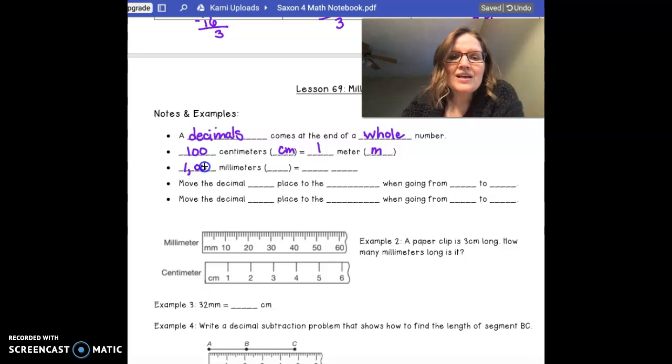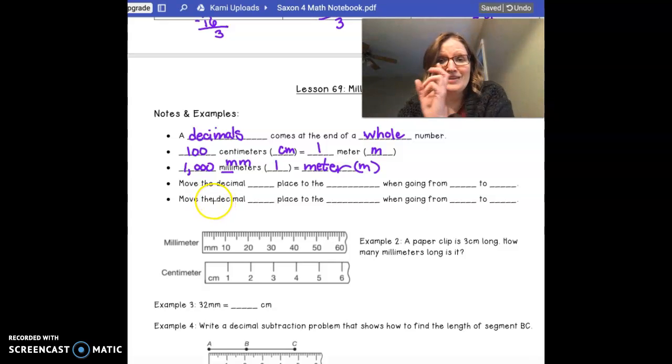There are 1,000 millimeters, and this milli gives us a clue. We're talking in the thousands for 1 meter. I also need to let you know that millimeters are shown with this abbreviation, M.